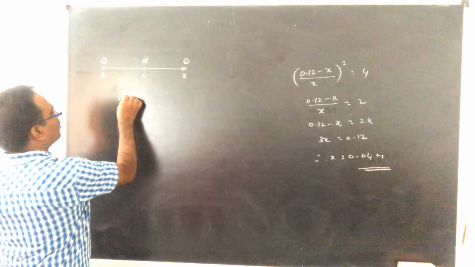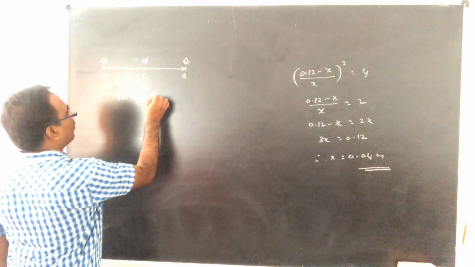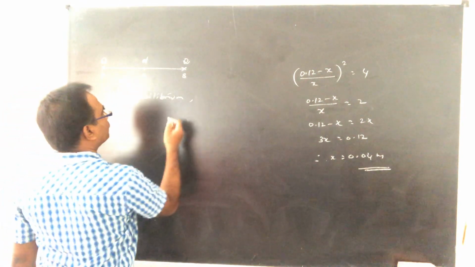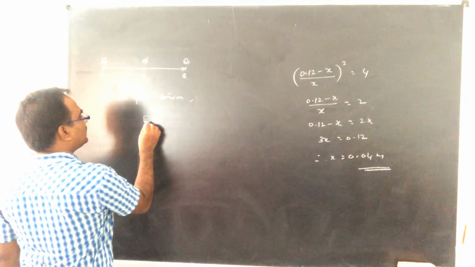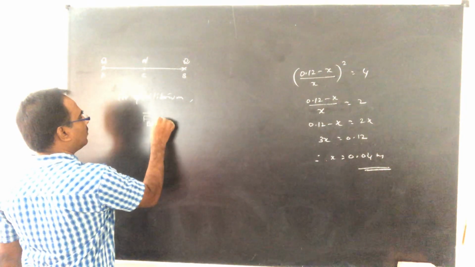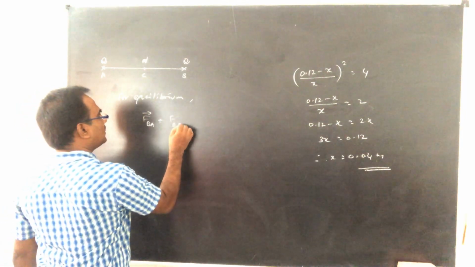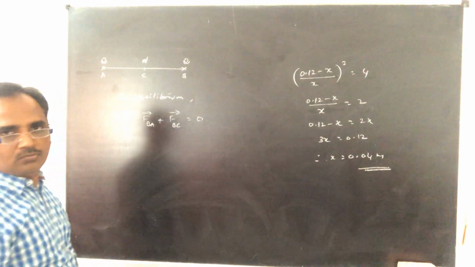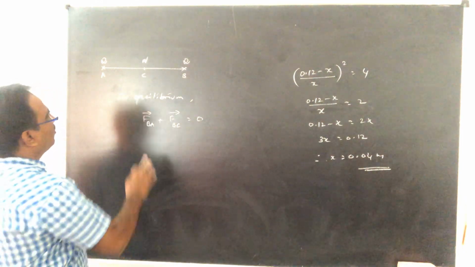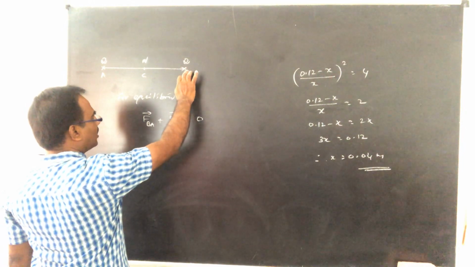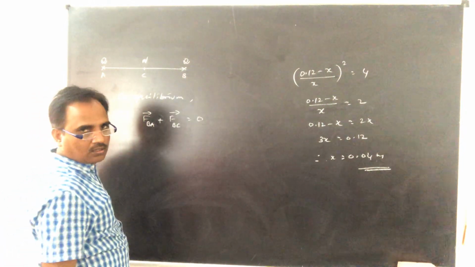That means for equilibrium, the force on the charge at B due to the charge at A plus force on the charge at B due to the charge at C should be equal to 0. So for equilibrium, the force on any one charge due to the remaining charges should be 0.